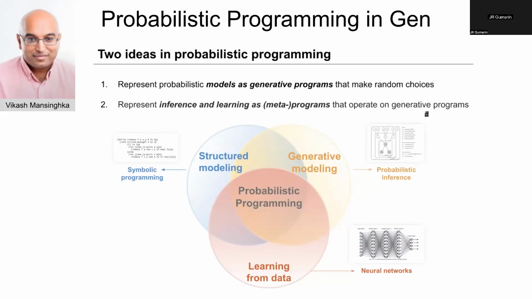For the sake of time, I'm not going to go into too much detail of how it works, but it suffices to say that generative probabilistic programming is a way of representing these generative models that I was talking about as code, as a generative program that runs the same way that a Python script does, but that is making random choices along the way. And you can perform inference on these generative programs in a very computationally efficient way.